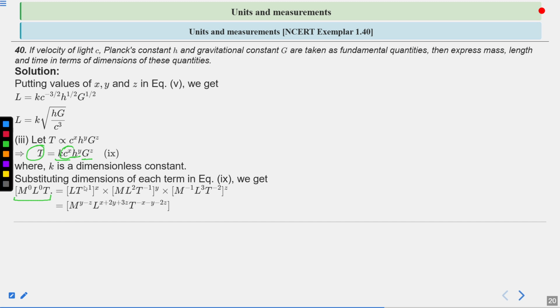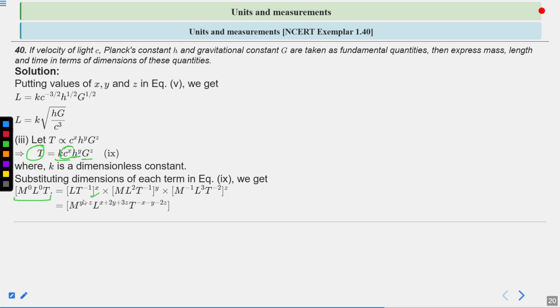So solving this, we get (L T inverse) to the power x, or (m L square T inverse) whole power y, (m inverse L cube T raised to the power minus 2) whole power z. So after multiplication, it will be m raised to the power y minus z, L raised to the power x plus 2y plus 3z, and T raised to the power minus x minus y minus 2z.